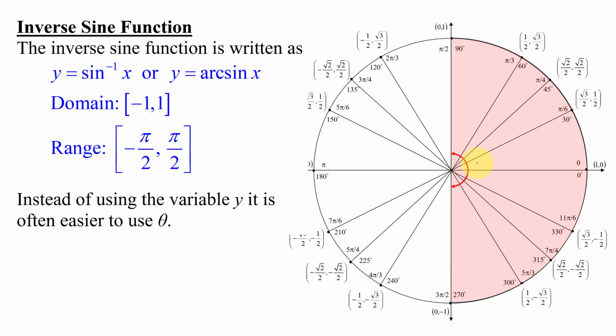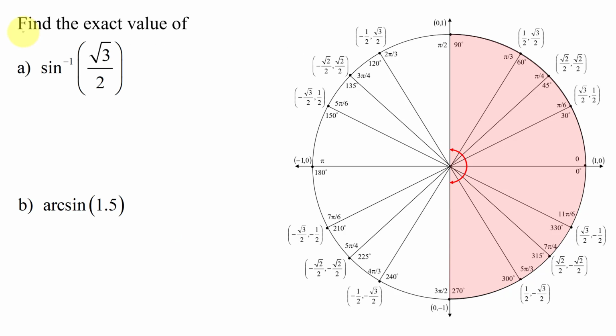So my output can either be a positive angle anywhere between 0 and pi/2, or it can be a negative angle anywhere from 0 to -pi/2. And instead of using the variable y, it is often easier to use theta because we associate that with an angle.